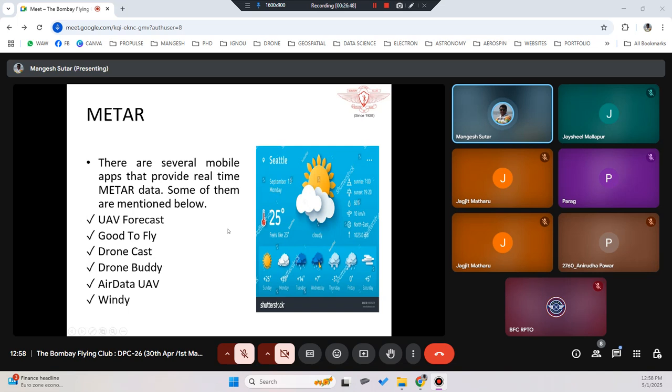Before your flight communication, you should always refer to the METAR also to see the climate or weather condition before your operations. Since currently we are not flying the drone in BVLOS, the condition is we can normally see how the climate is outside, right?